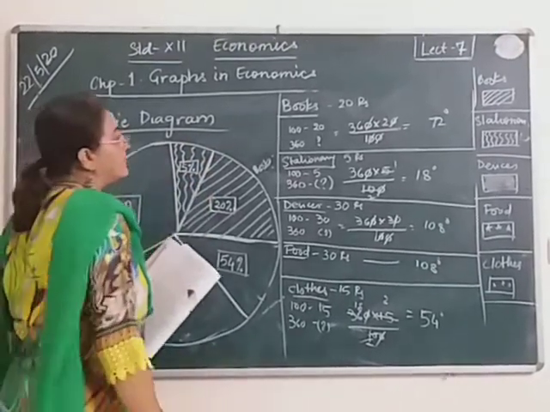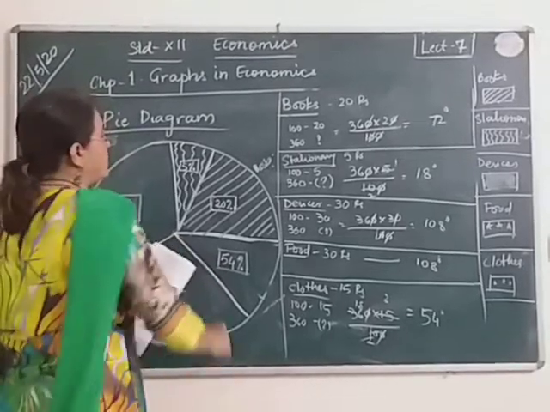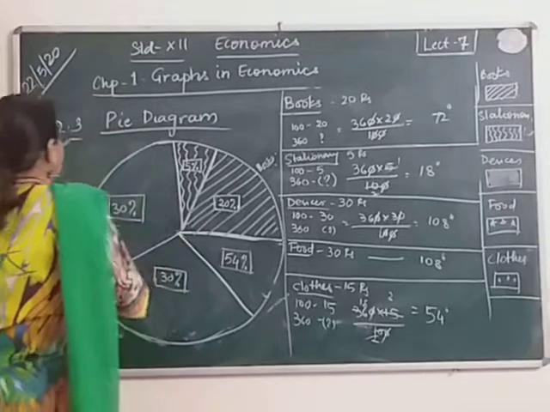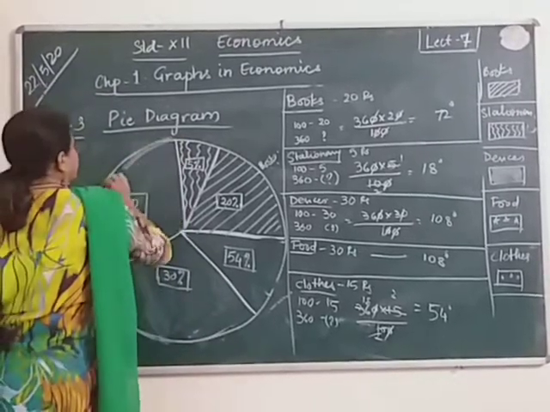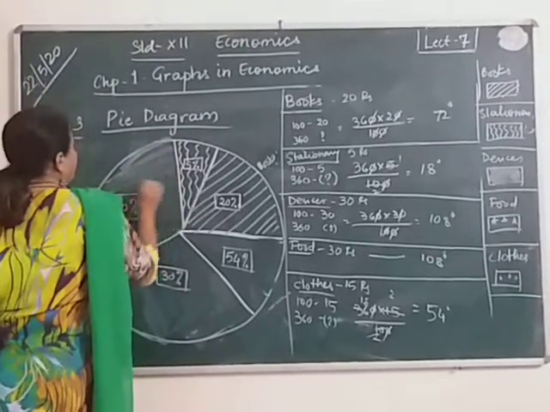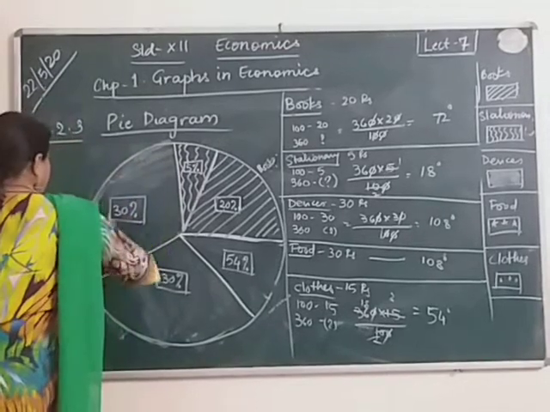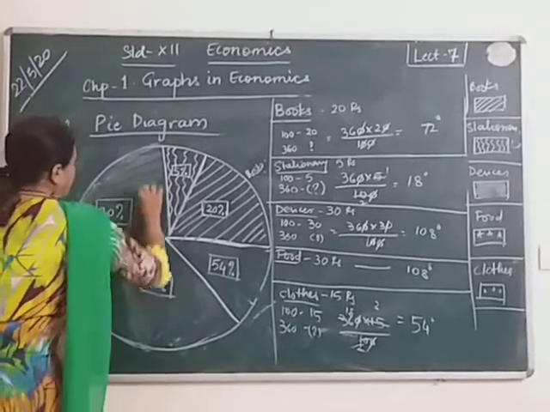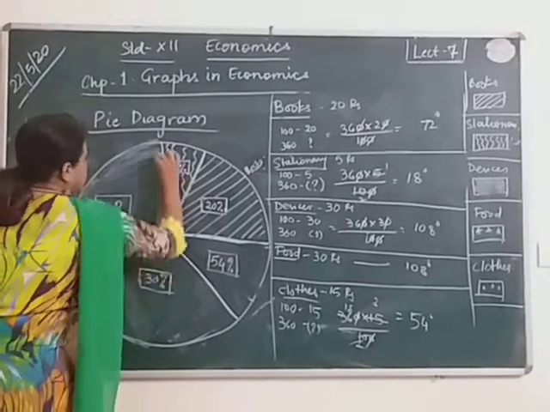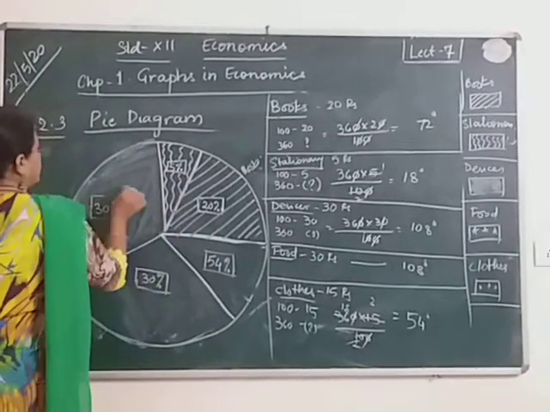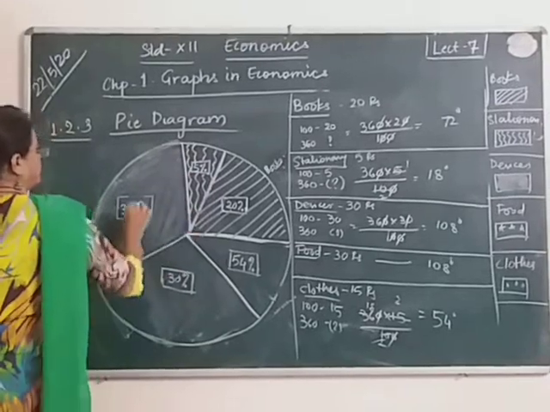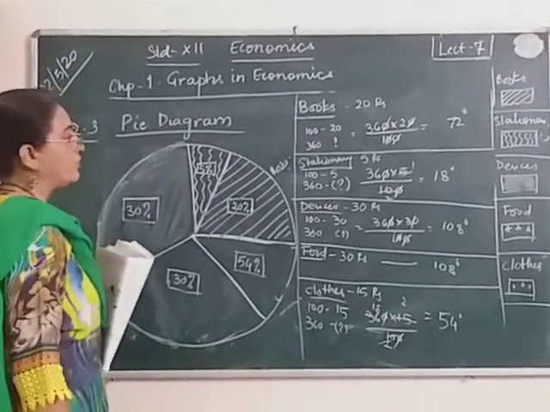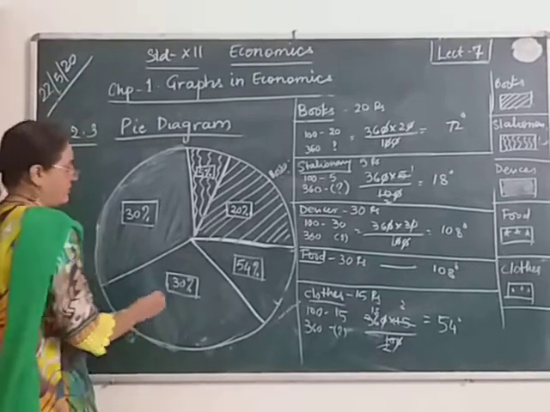A zigzag line like this. Okay. Then devices for this one, 30% devices, that is a shaded area. This is the shaded area for 30. Then again 30, that is for food. For food we have got stars.